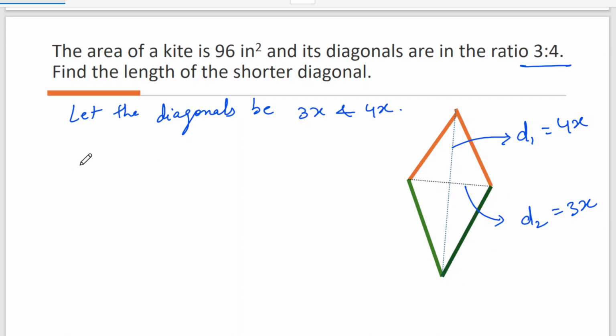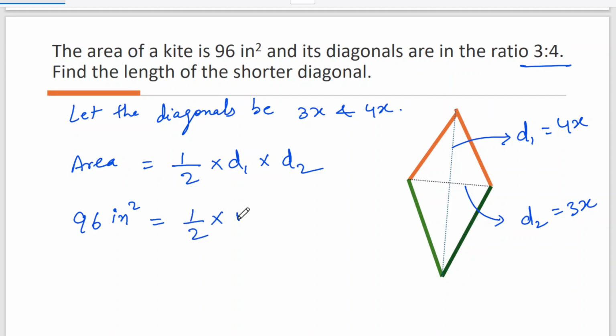Now what is the formula for area of a kite? Area equals half into D1 into D2. So what is the area given as? Area is given as 96 inches square, equal to half into 4x into 3x.